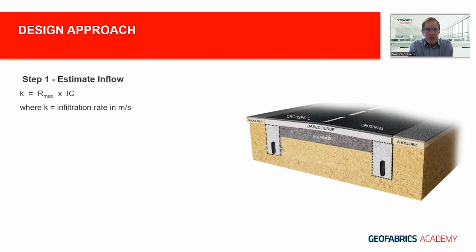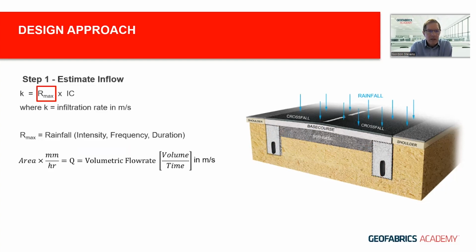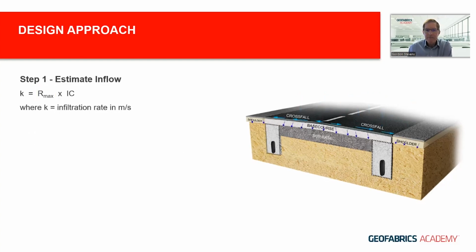Okay, starting at step one, which is estimating the inflow, we need to determine the infiltration entering into the pavement. So R max is the 1 hour rainfall intensity to determine the volumetric flow in meters per second. The infiltration rate is equal to the 1 hour rainfall inflow multiplied by the infiltration coefficient.